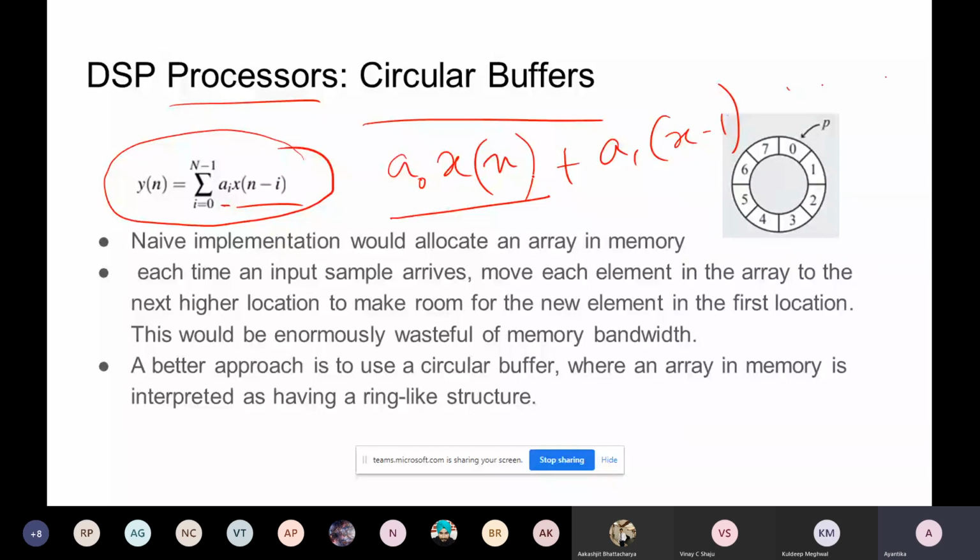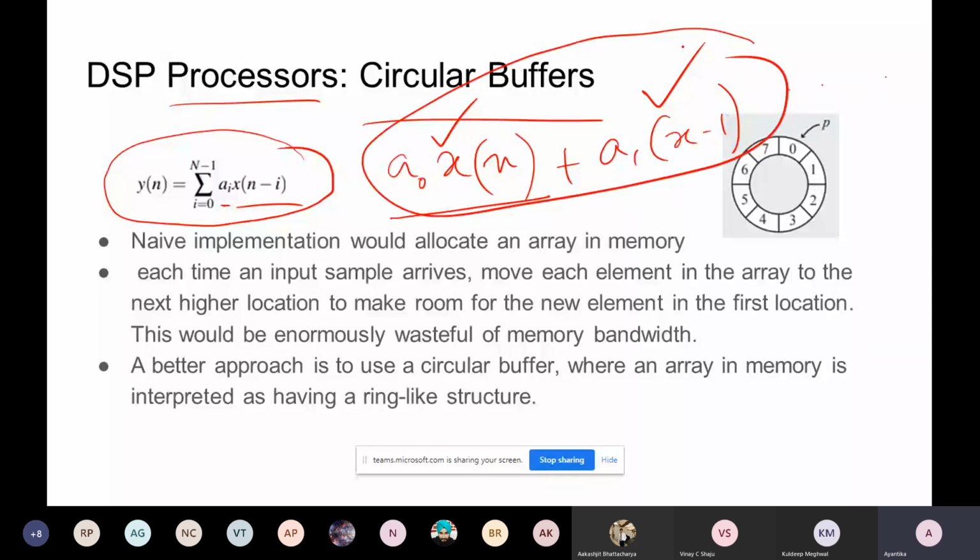Once you are already processing a0 x[n] and a1 x[n-1] together and getting the summation result, of course there is no need to store this x[n] separately, right? But if you want to do it in a general array type of structure, what we have in general purpose processing, you will allocate some array and keep adding there continuously, and at a certain point, with the increase of n, this array size will increase.